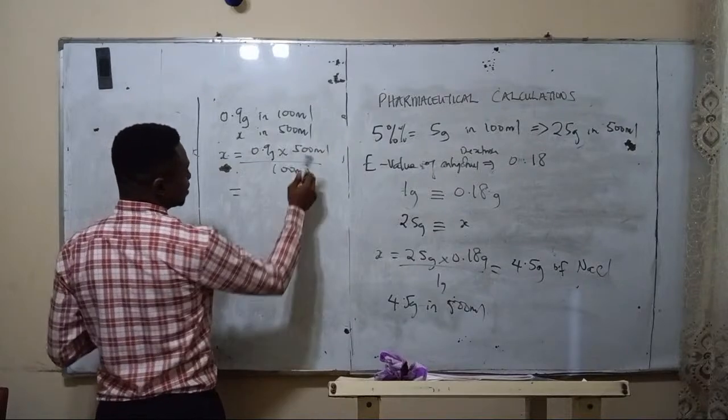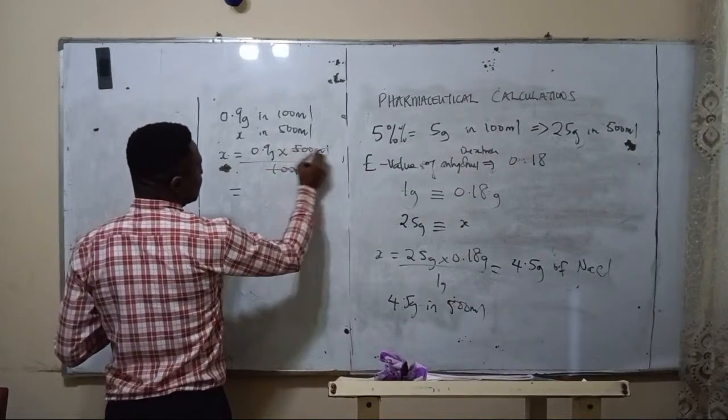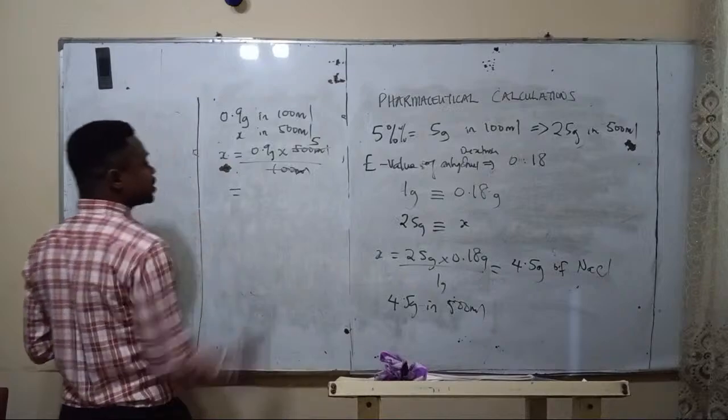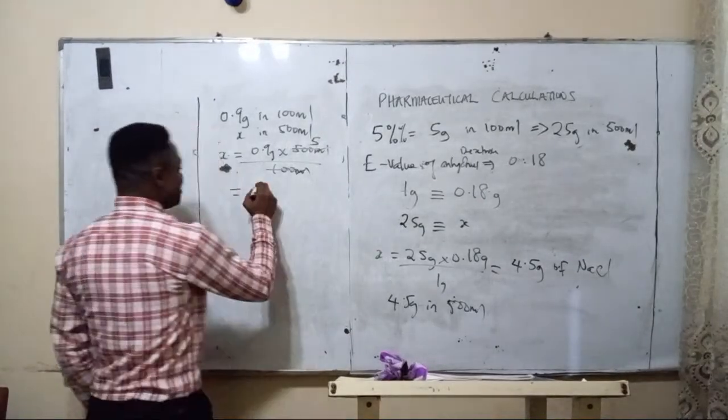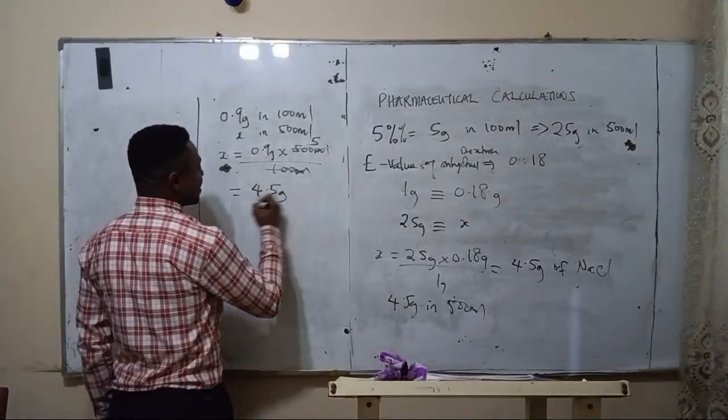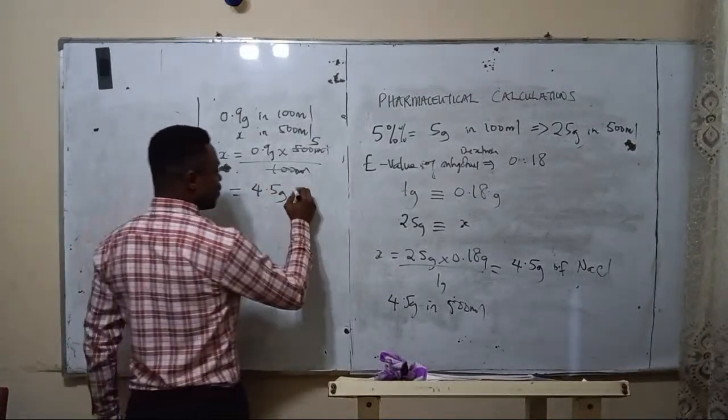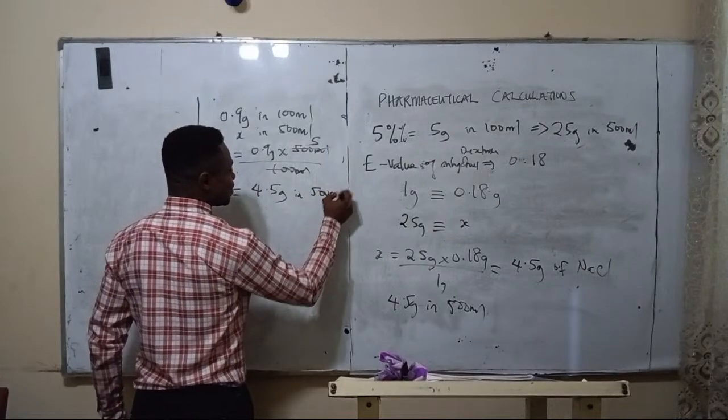And 0.9 gram times 5 is 4.5 gram. So it's 4.5 gram in 500 ml.